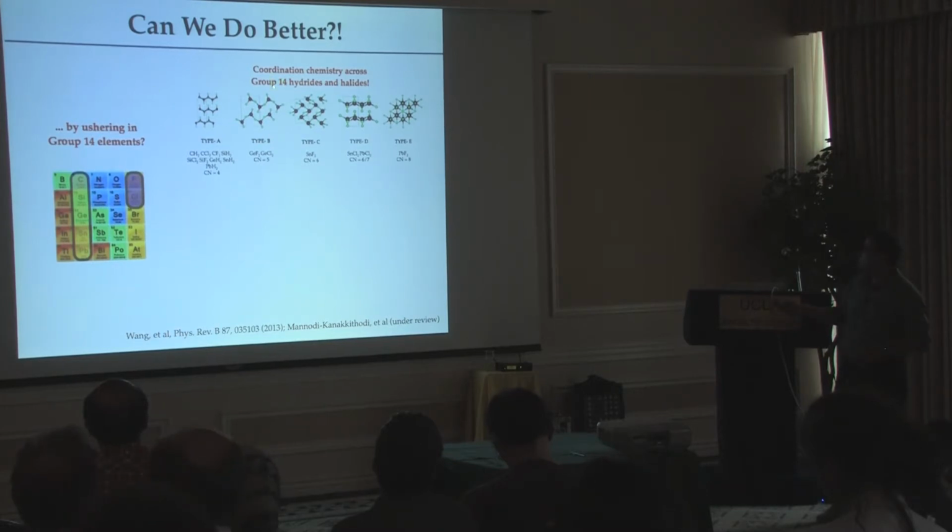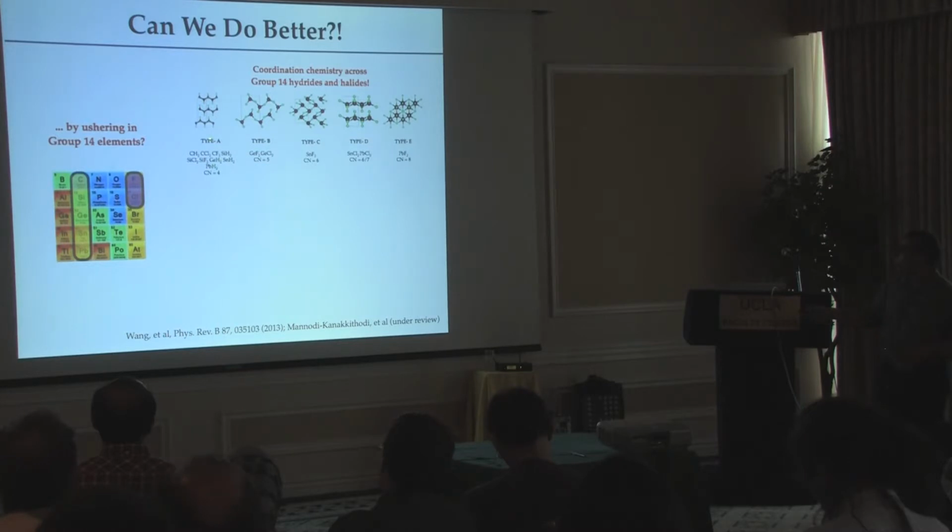We considered group 14 elements, group 14 hydrides and halides. When we look at them, we see a dizzying array of possibilities in terms of chemistry, in terms of coordination environment.